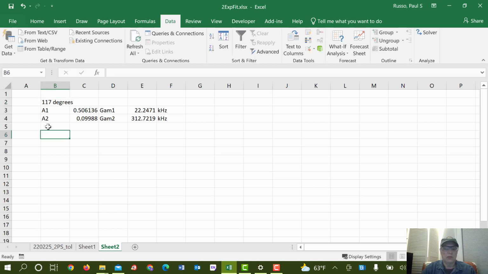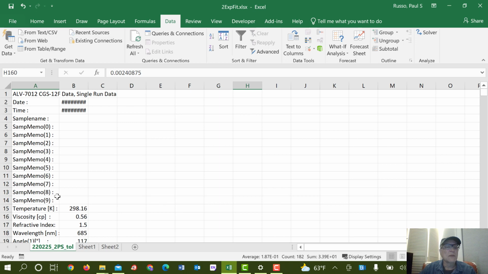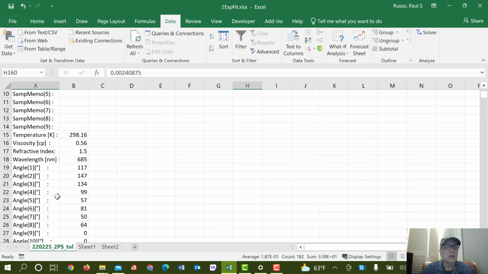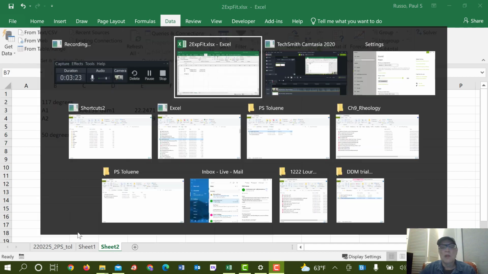And I think we said this one was, what did we say this one was? 54 degrees? Is that our lowest angle? 50 degrees. So we'll have that to work with later.